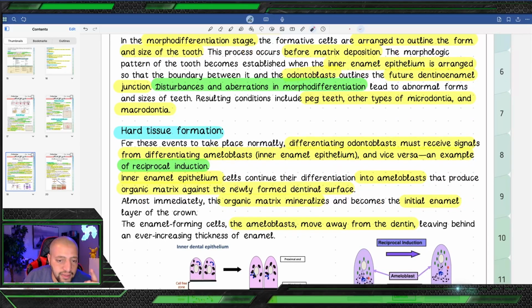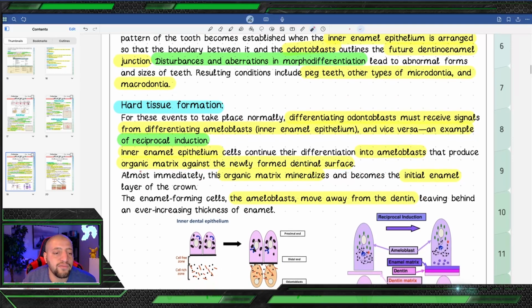Inner enamel epithelium cells continue their differentiation into ameloblasts that produce organic matrix against the newly formed dentinal surface. So I hope this line, I spent the last few minutes trying to explain, once you read it again when you study, please try to remember this to make sense for you.